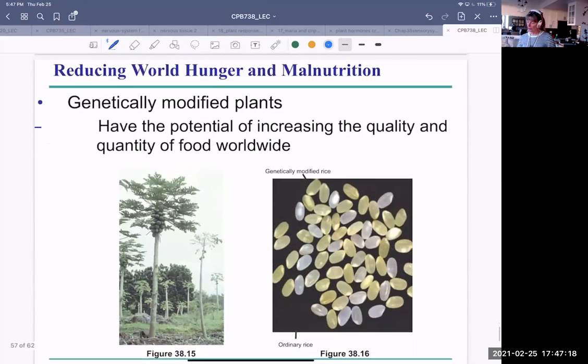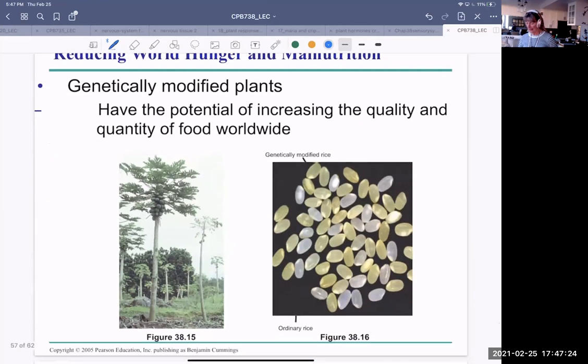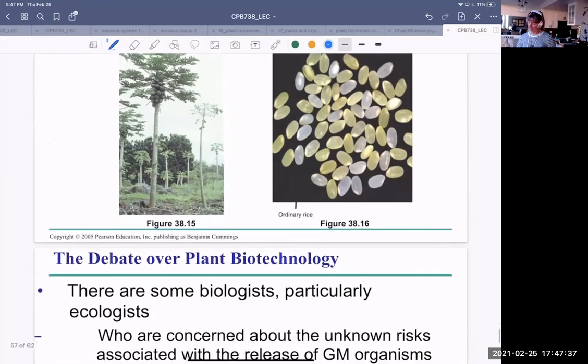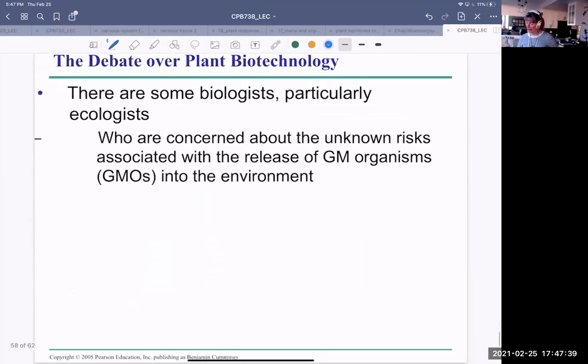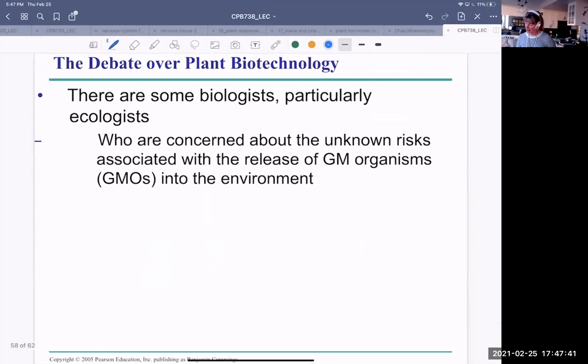Are we trying to reduce world hunger and malnutrition? There are different methods of doing that. We talked about this before, I think, a little bit. The golden rice method promotes, I think it was vitamin A, in countries where vitamin A is deficient. Some biologists seem to be concerned with unknown risks associated with GMOs.